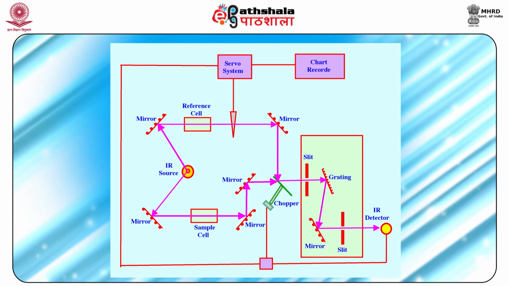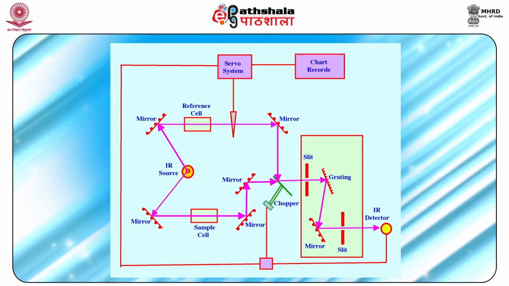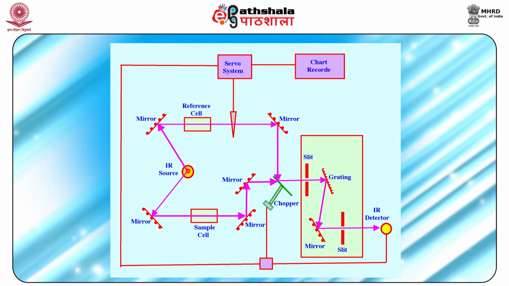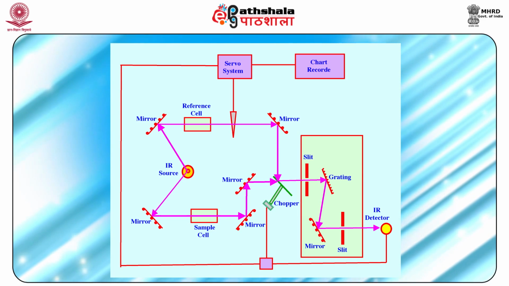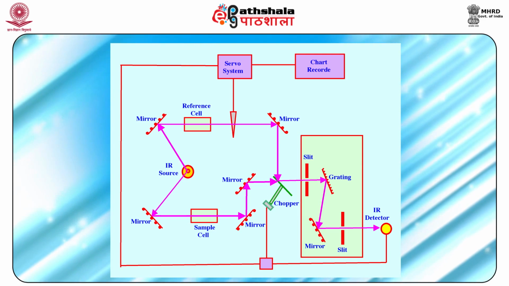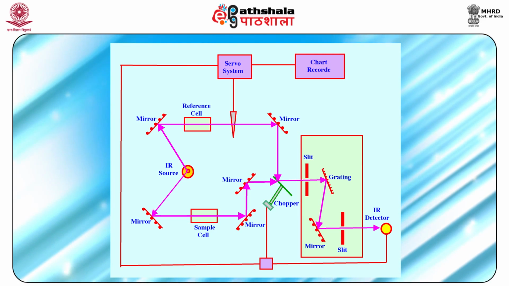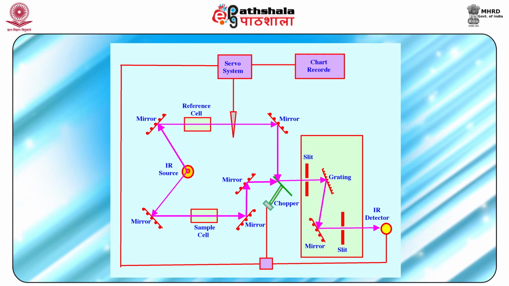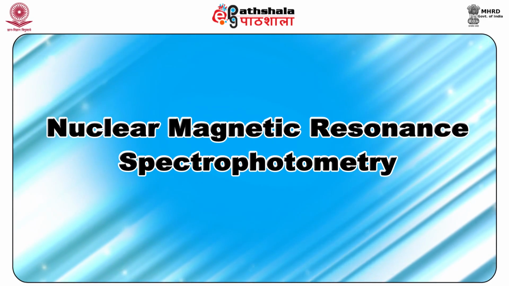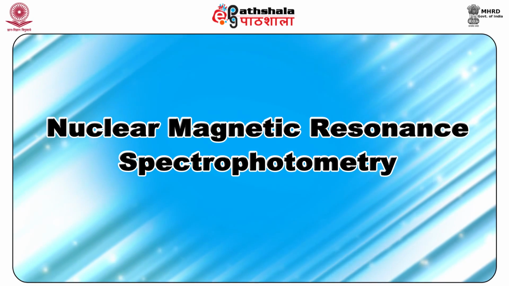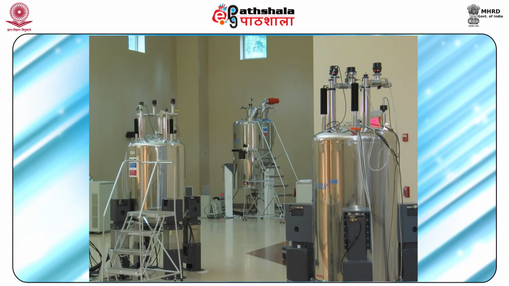Infrared spectrophotometry is especially useful for the identification of organic compounds, as bonds between certain atoms readily absorb infrared radiation, or IR. Next, we will discuss nuclear magnetic resonance spectrophotometry.